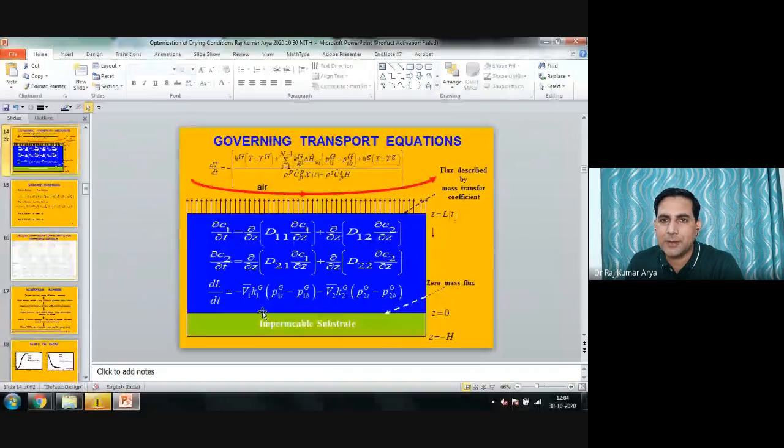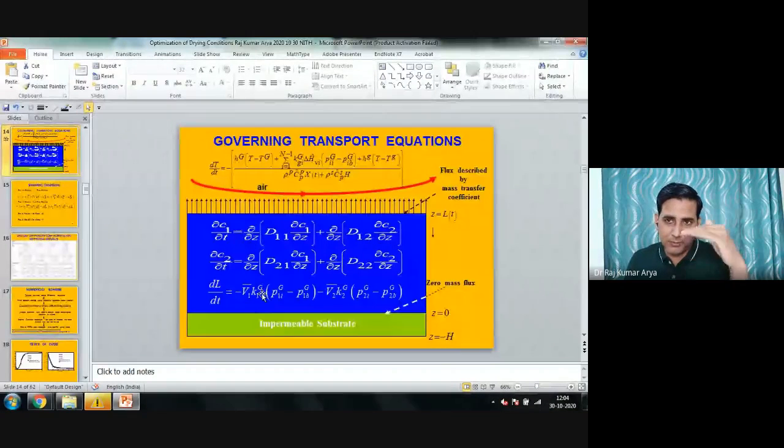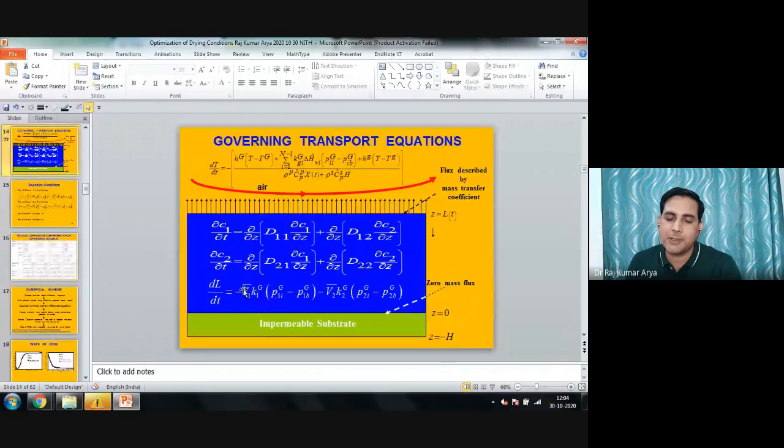Yes, so this is the equation here for the thickness of the coating. As the solvent is going out, the mass of the coating is decreasing. This is the mass loss of solvent 1, and this is the mass loss of solvent 2. Mass divided by density gives the volume, and volume divided by surface area gives the thickness.